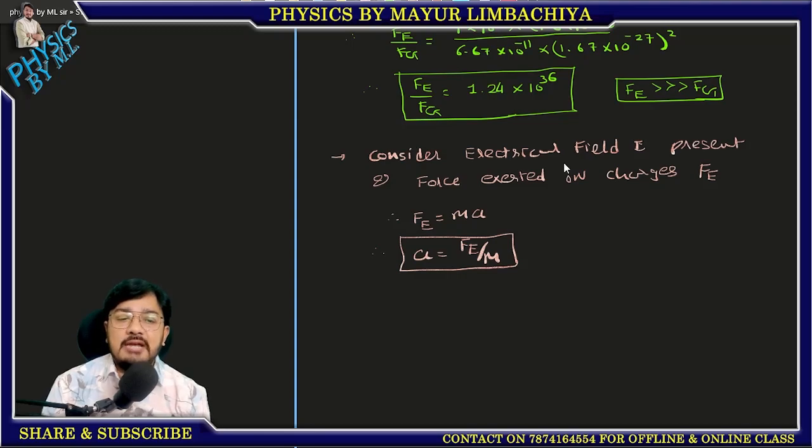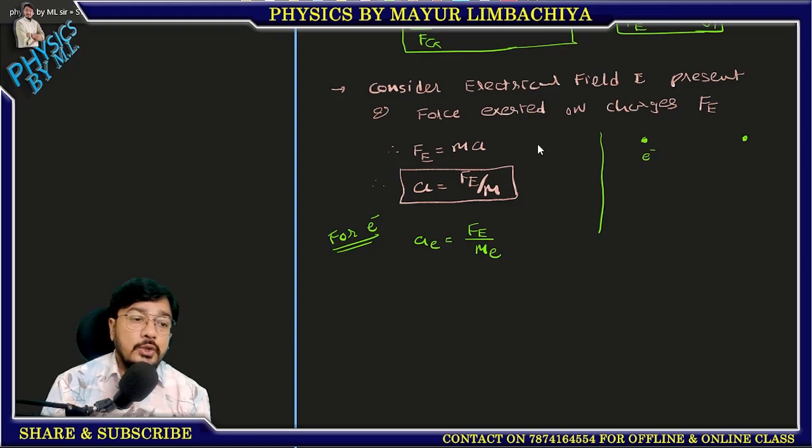So now first I will find out the acceleration for the electron itself. Can I write like that? ae is equal to Fe divided by me. But what is Fe? Electron here and proton is here. They are apart from each other by 1 angstrom.